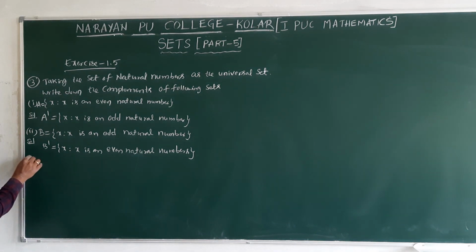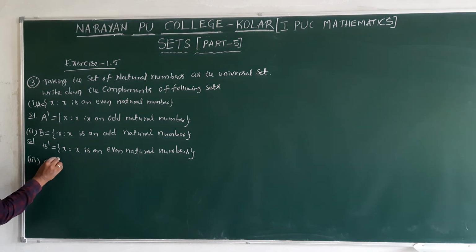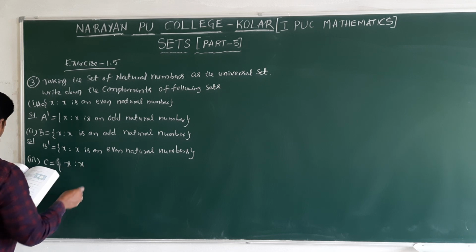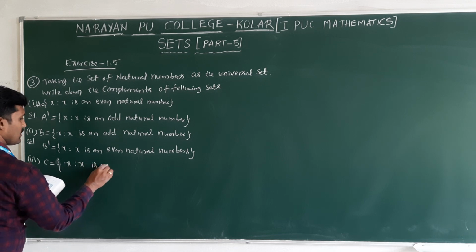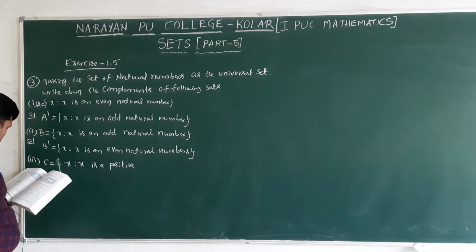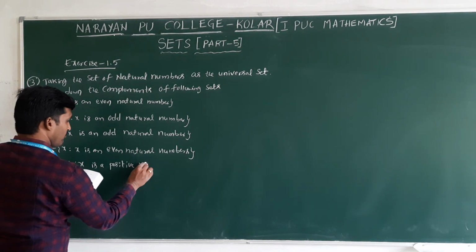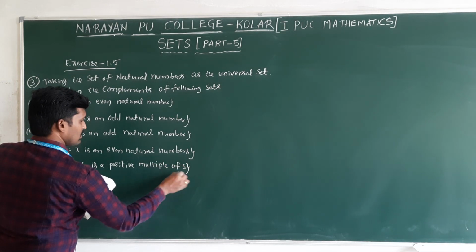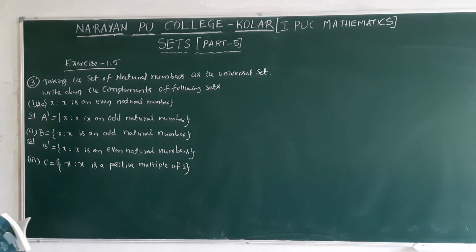Next, third one, I will take this as C set. X such that X is a positive multiple of 3, that means 3, 6, 9, 12, that is the C set given.